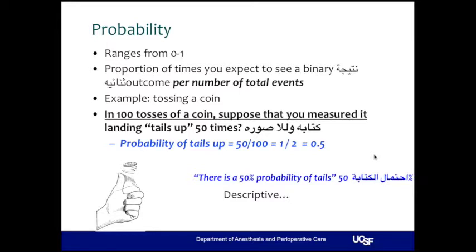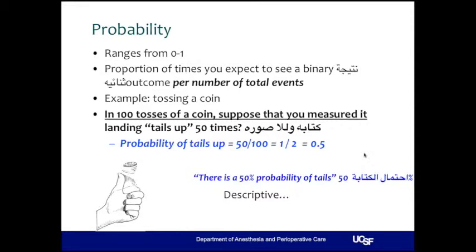Probability is something that ranges between 0 and 1. Basically, it's the proportion of times that you can expect to see a binary outcome per total number of events. So the example would be a coin.